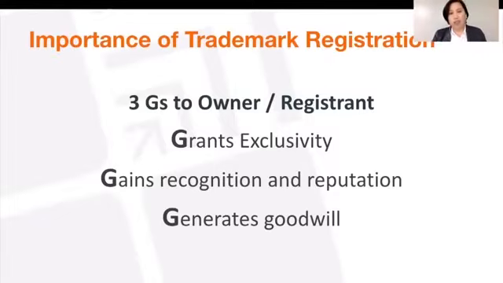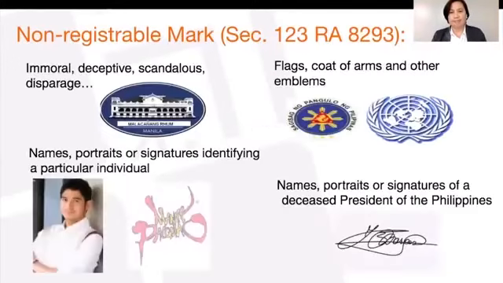And of course, that would generate goodwill. How? They would keep on sharing with their family members, their friends, their colleagues, the good experience or the good quality that they are able to get from these products or from these trademarks. Okay, so the 3 Gs are grants exclusivity, gains recognition and reputation, and generates goodwill.